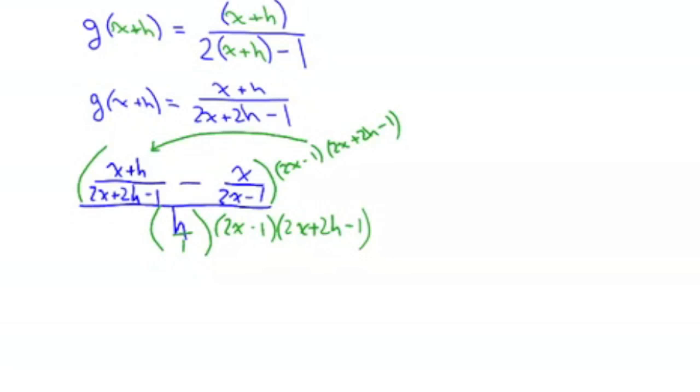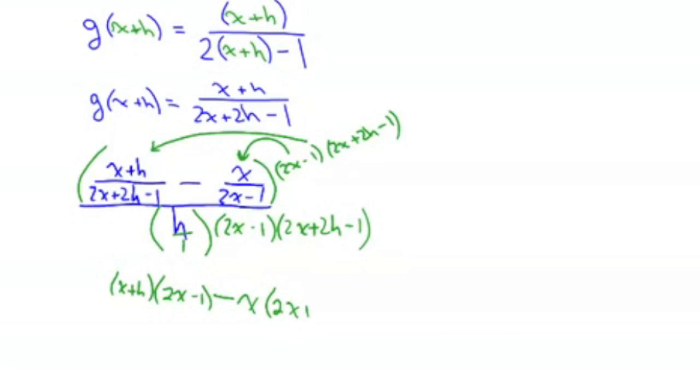What's left over is x plus h times the other one, which is 2x minus 1. All right, minus, when these two run into each other, what goes away? The 2x minus 1s, and you're left with that factor of x in the top, times 2x plus 2h minus 1.